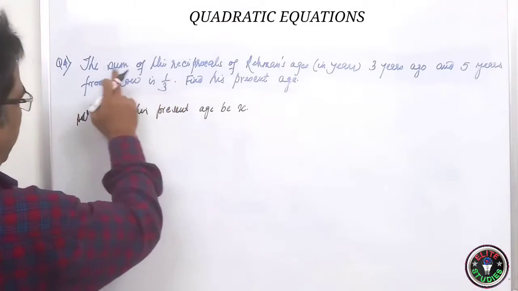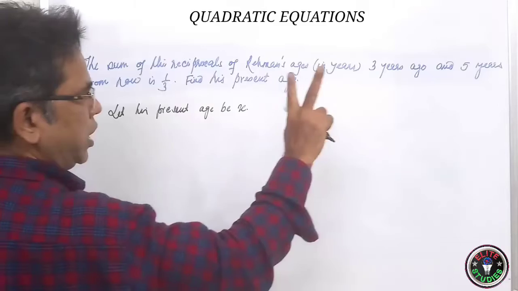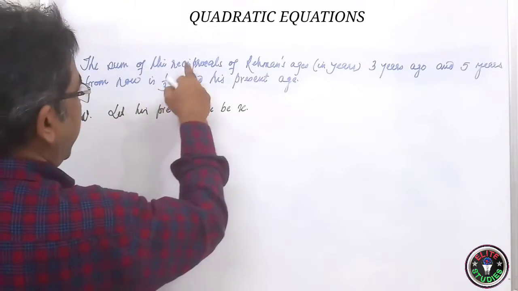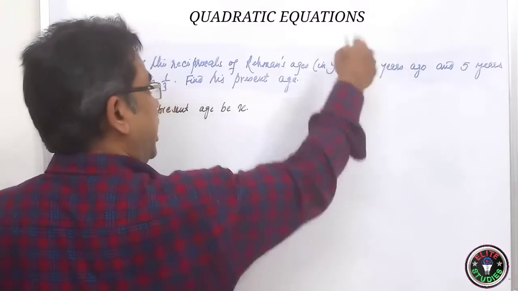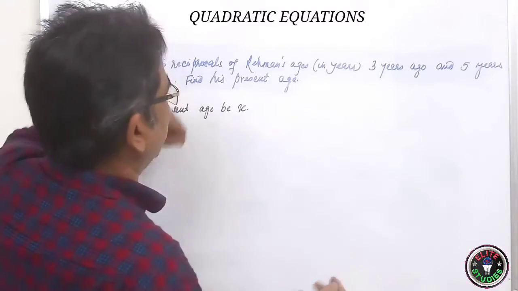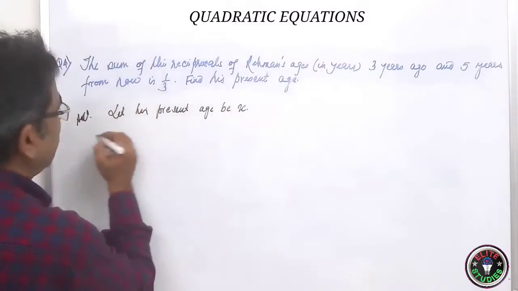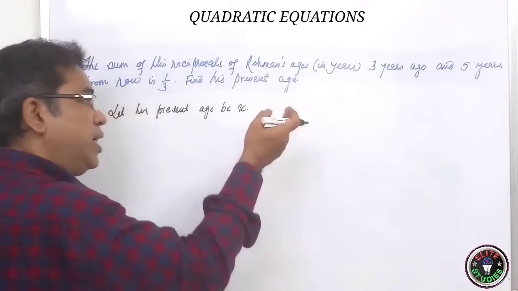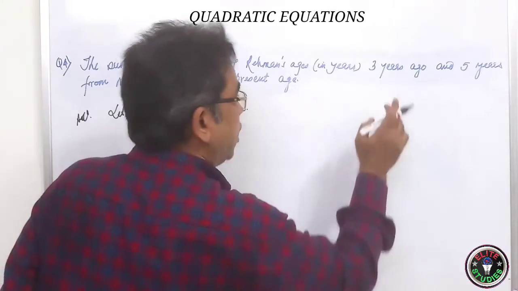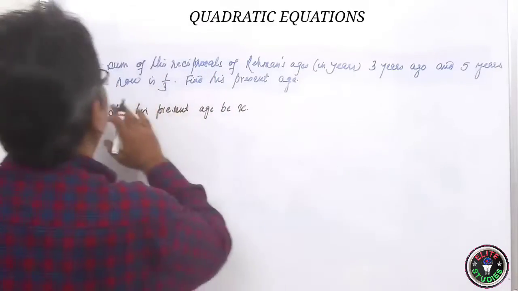The sum of the reciprocals of Rahman's age 3 years ago and 5 years from now. Means from the question you have to find out, if present age is x, then what was his age 3 years ago and what will be his age after 5 years.